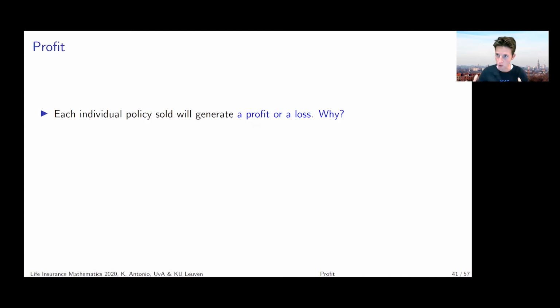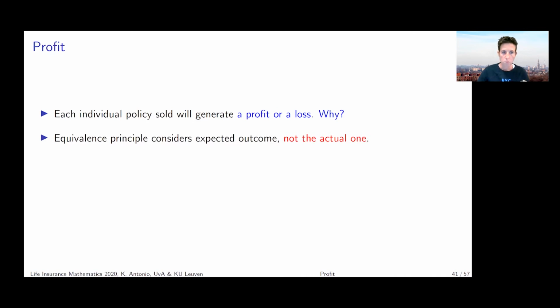So for every contract, you can see what is the difference between the present value of the benefits that I paid and the present value of the premiums that I collected, and was that a positive difference or a negative difference? Was there a profit or was there a loss, right?